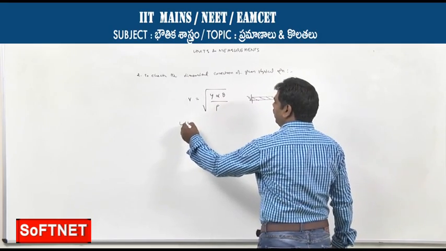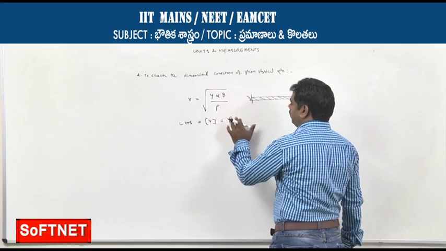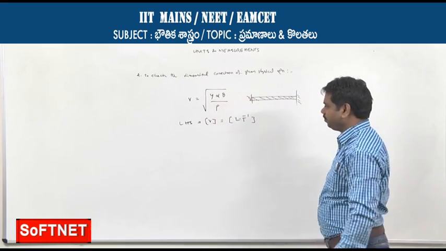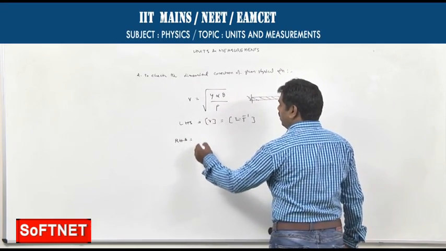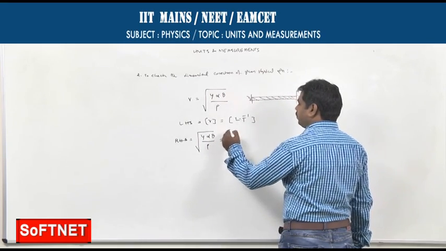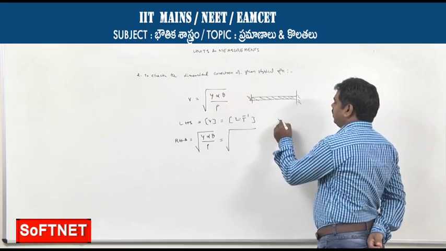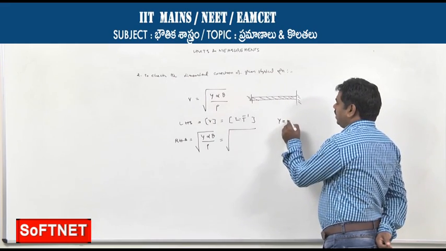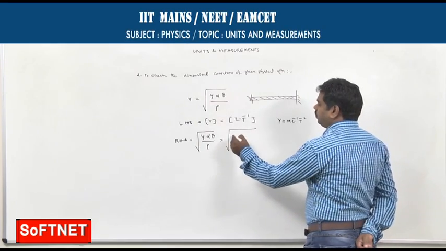Again here on the left hand side velocity is there, and the velocity dimensional formula we know is LT minus 1. RHS is under root of Y alpha theta by rho. Young's modulus dimensional formula, we know, is the same as the elastic constant and pressure: M L minus 1 T minus 2.